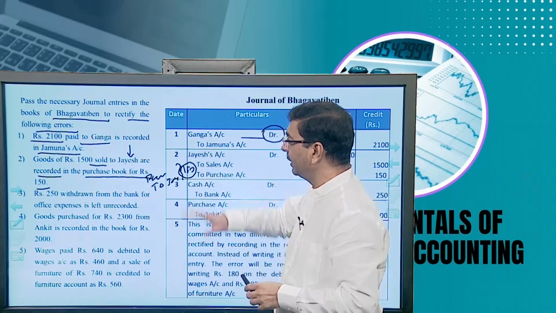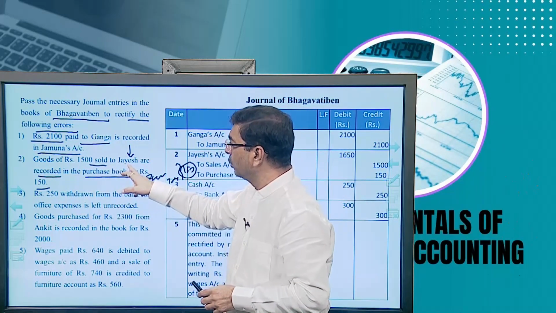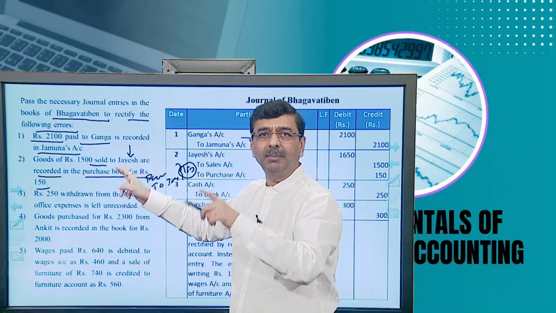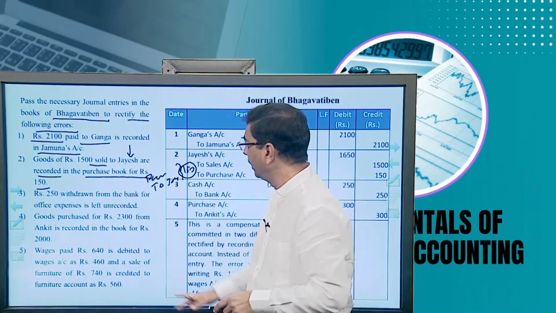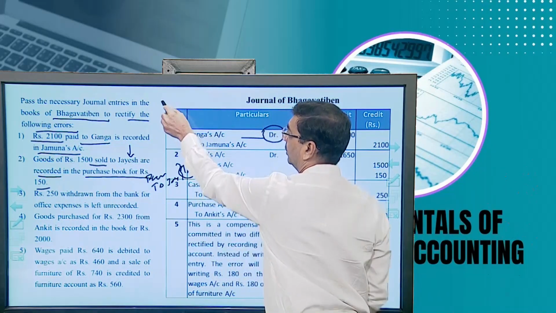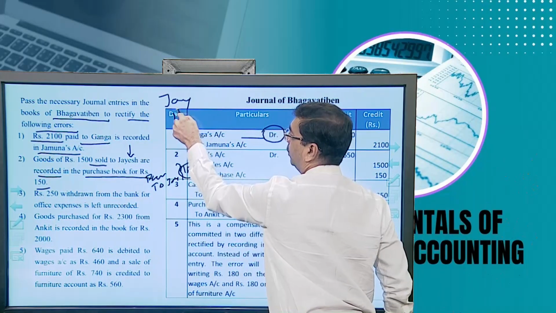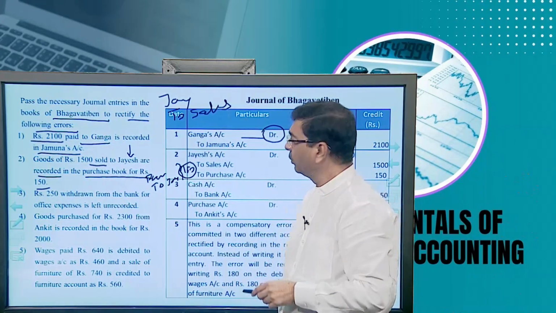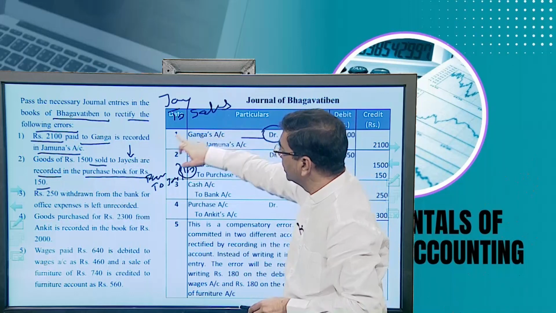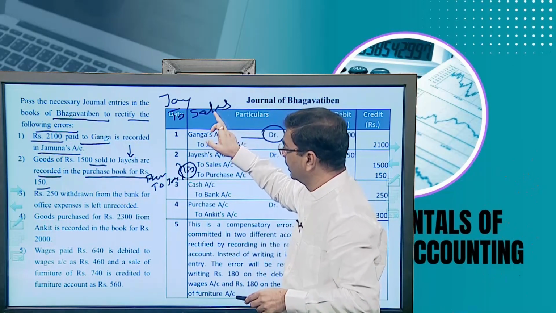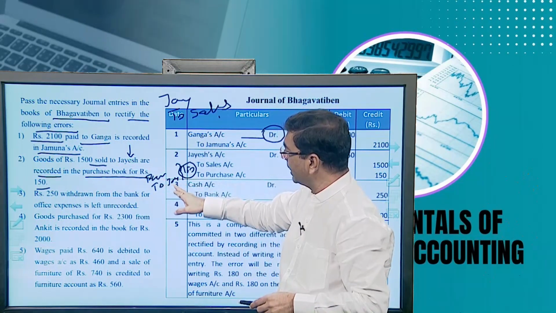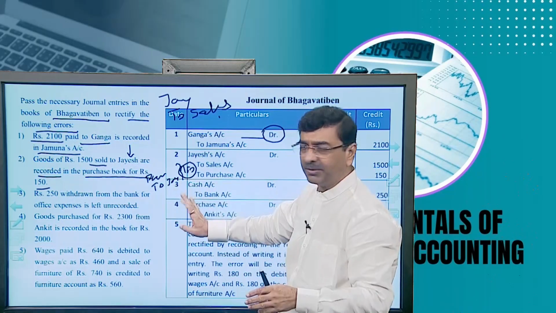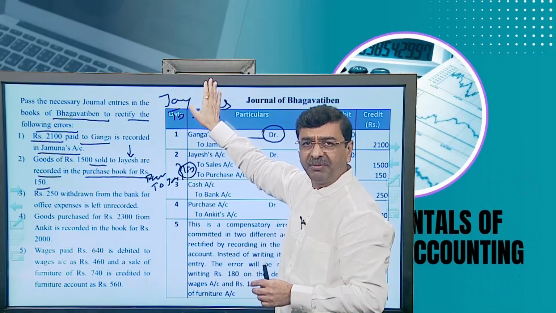Now what is the correct entry? The correct entry is goods sold to Jayesh, so Jayesh account debited to sales account. That is the right entry. The correct entry is sales 1500. Here Jayesh should be debited with 1500.